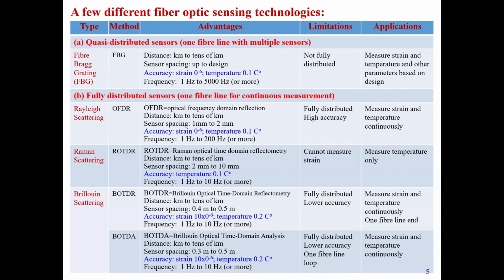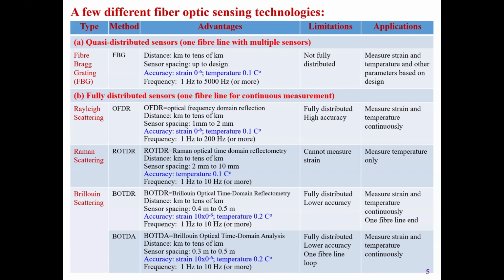Another thing people don't know is this is a fully distributed sensor technology. Another thing very important to us is spatial resolution, 1 millimeter to 2 millimeter. This is very important for some model tests.